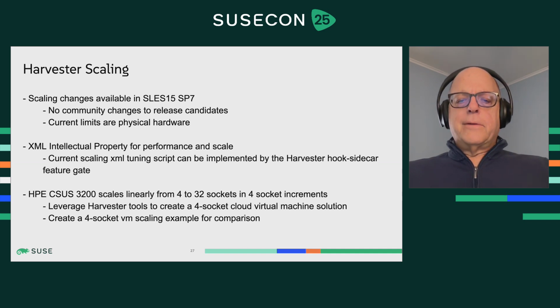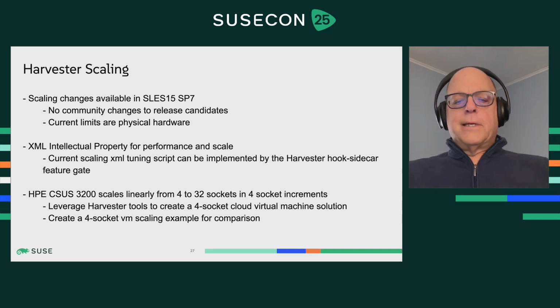So we've learned how to create the XML that we want for the full-scale virtual machines and the tuning and some of the development. And we've recently learned that it looks like we can use the Harvester hook sidecar feature gate to apply the tune.sh file. We still need to see what that looks like running in Harvester, but we may be able to jump ahead and accomplish some things that way.